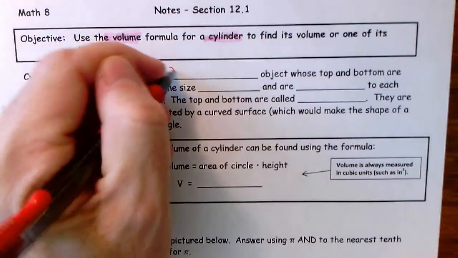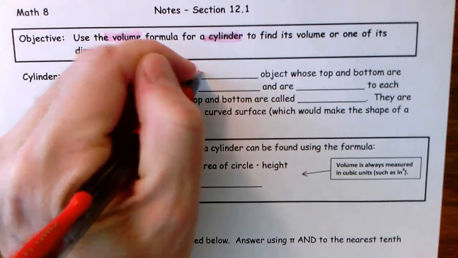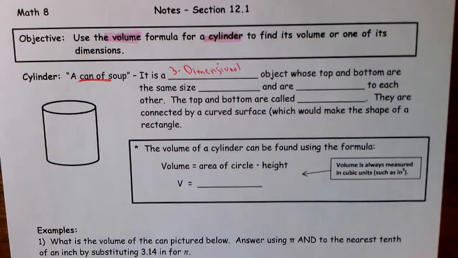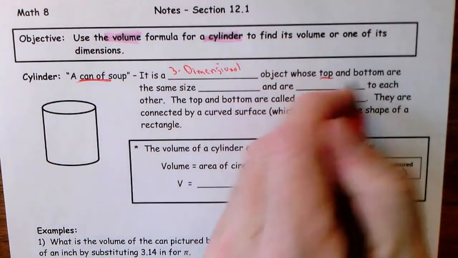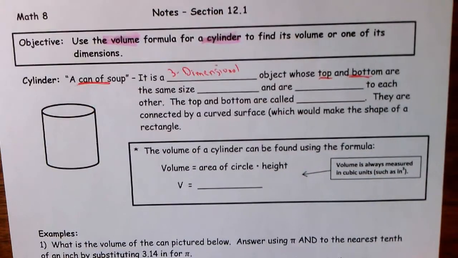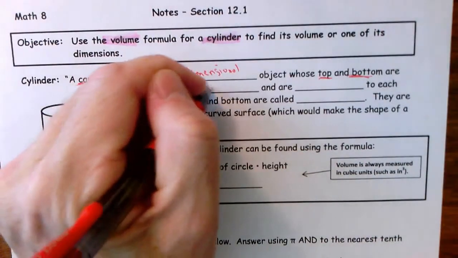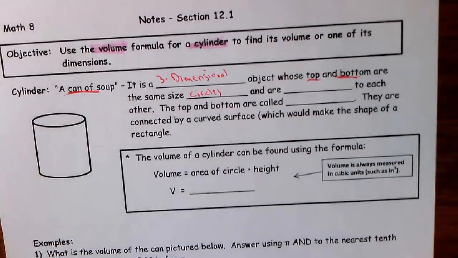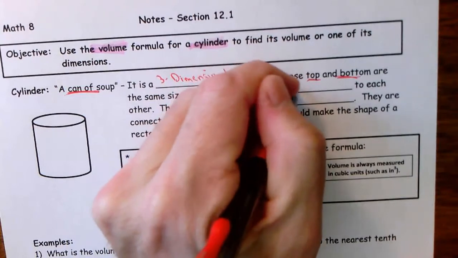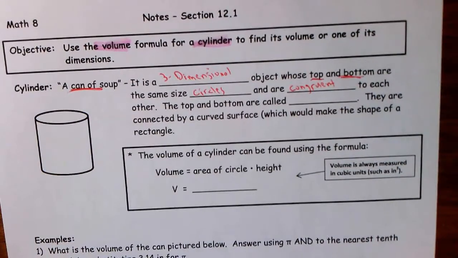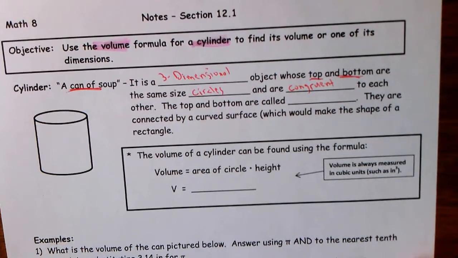Technically, it is a three-dimensional object whose top and bottom are the same size circles, and because they're the same size, they are said to be congruent. Congruent just means they are equal in size to each other.